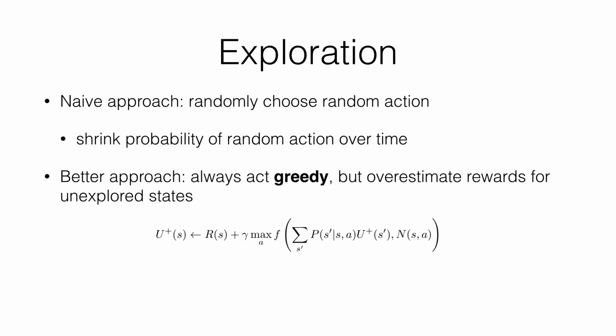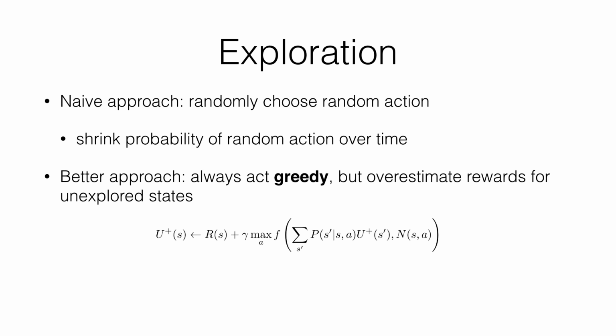Instead of maximizing over the expected utility in the future, we choose a max value over this function f of the expected utility and some number N. This N number represents the number of times we've tried out the action A from state S. So f is a function that tells you how much I should trust my current estimate of my utility.